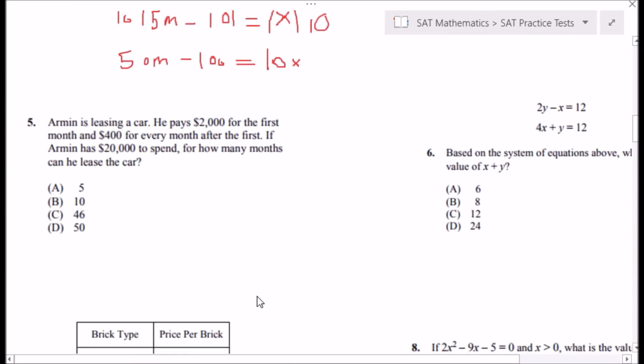Okay, Armin is leasing a car. He pays $2,000 for the first month and $400 for every month after the first. If Armin has $20,000 to spend, for how many months can he lease the car? So all we have to do is just add 400x is equal to 20,000.